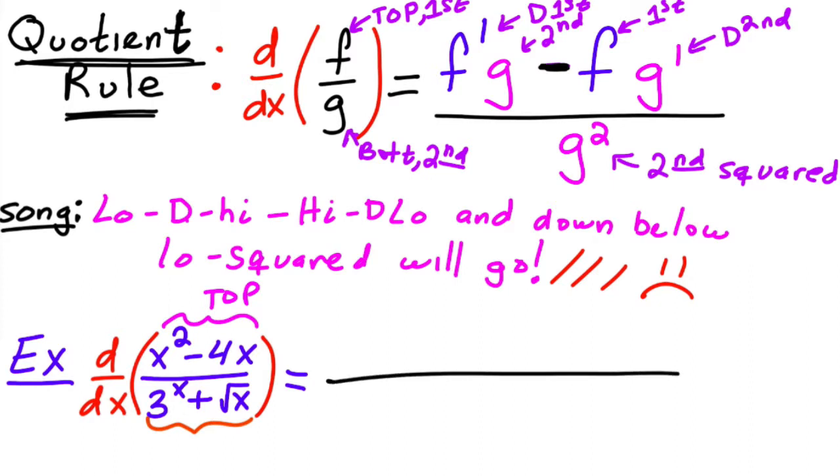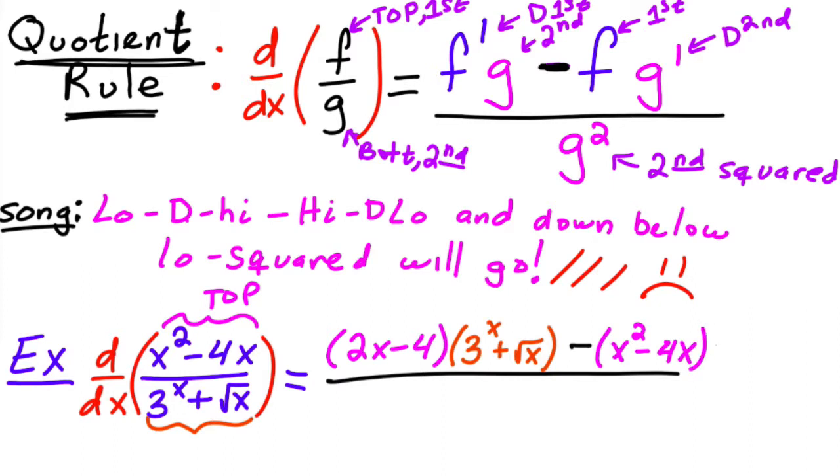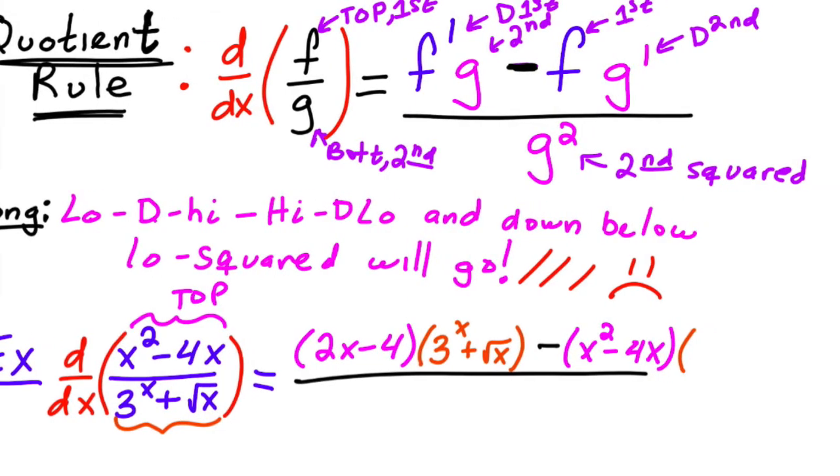So let me make a fraction here. I'm going to do the derivative of the top, which is 2x minus 4. And then the bottom, we leave it alone, so 3 to the x plus square root of x. And then remember, it's minus, as opposed to the product rule where it's plus. The top, leave it alone, times the derivative of the bottom.